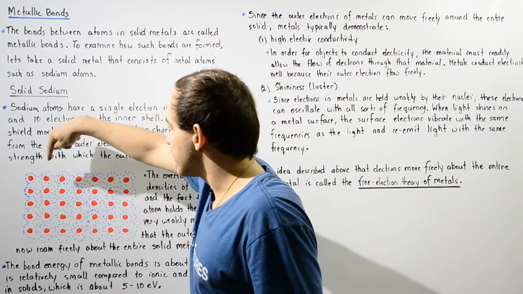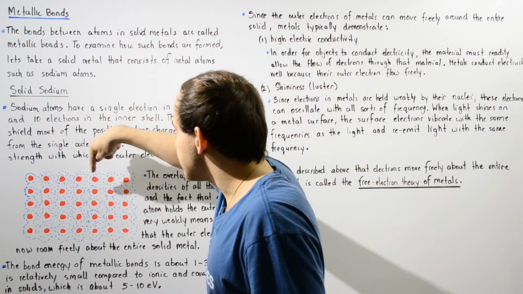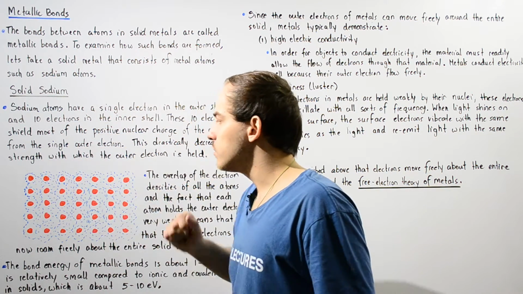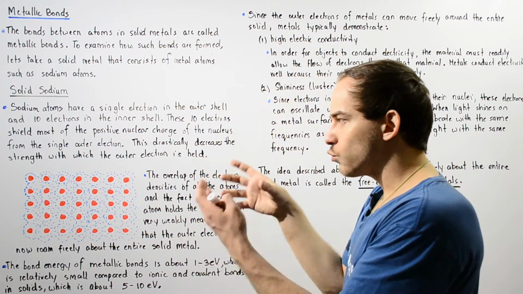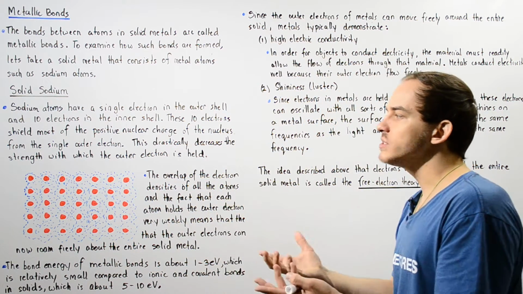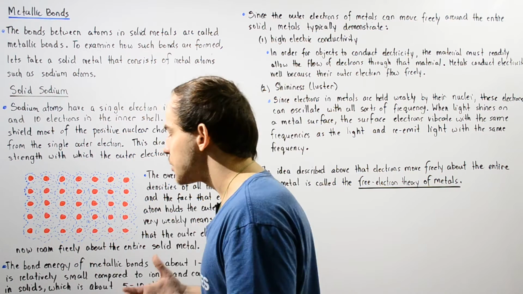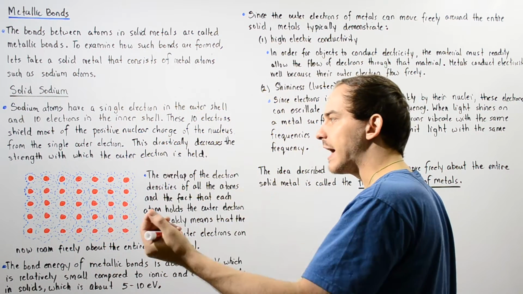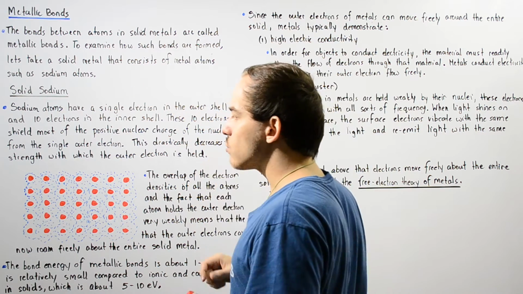So basically we have these atomic nuclei of our sodium atoms shown in red. That's the region where we have our protons and neutrons. And then we have the inner shell as well as the one electron found on the outer shell.